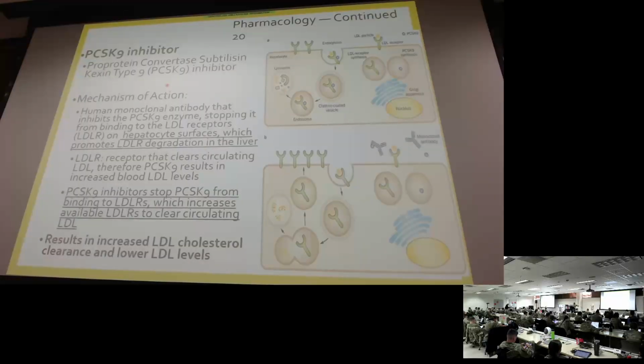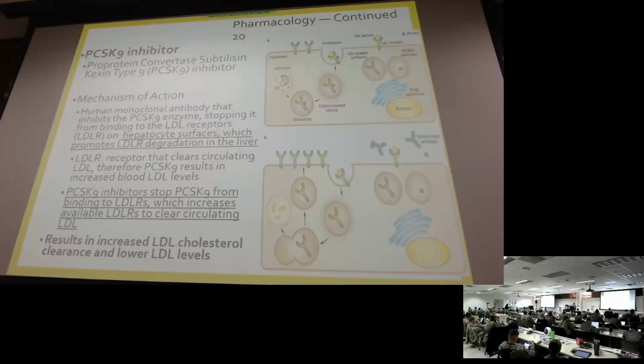It is allowing my LDL receptors to stay for a longer period of time to bind the LDL that's floating around. So now I can promote the degradation of the LDL because my receptors are hanging out because I inhibited PCSK9, all right?